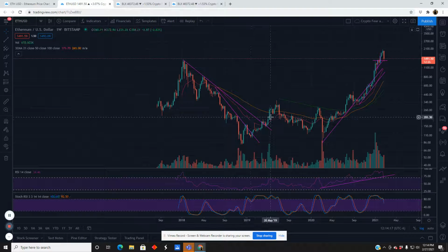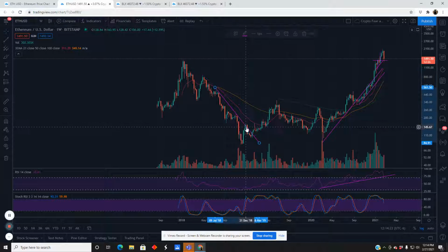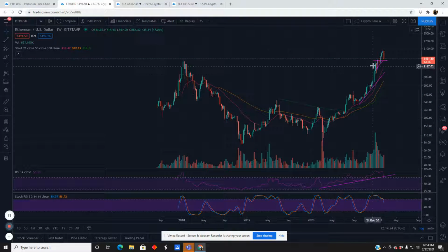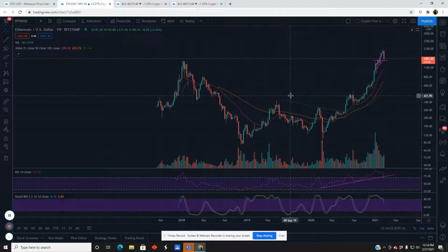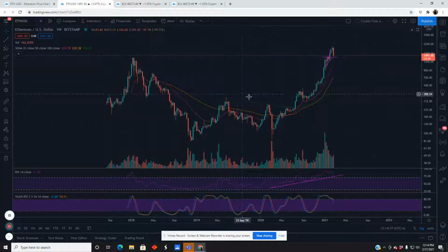So trend lines are just another indicator to use that's really helpful to understand the price action of Bitcoin or altcoins.